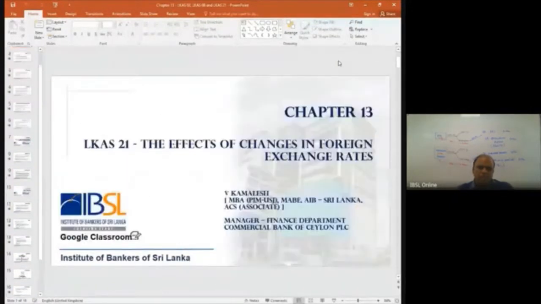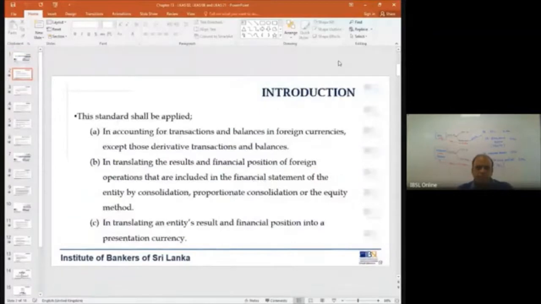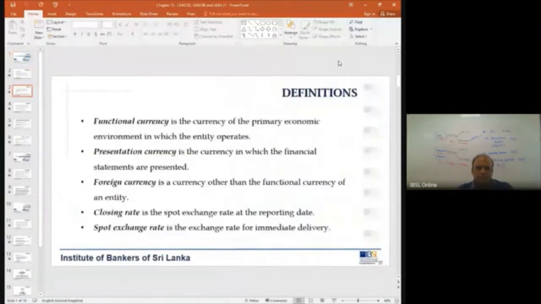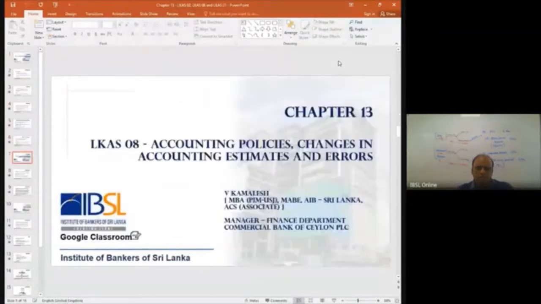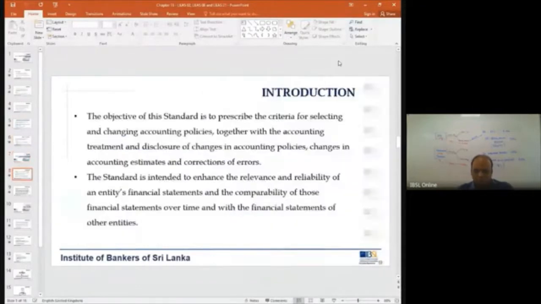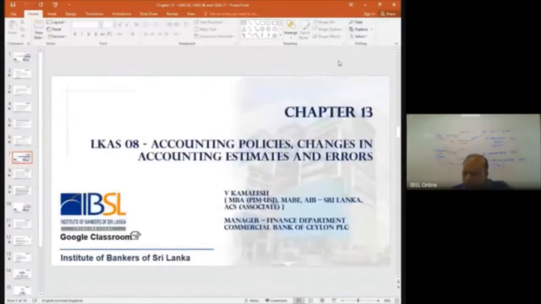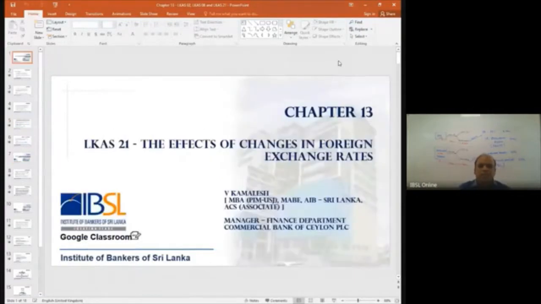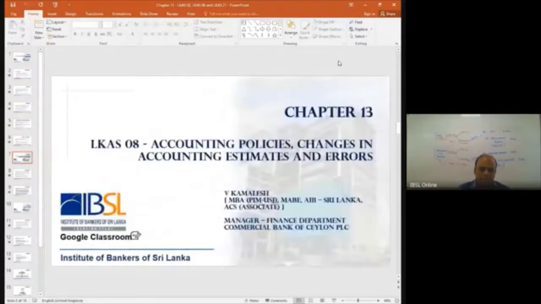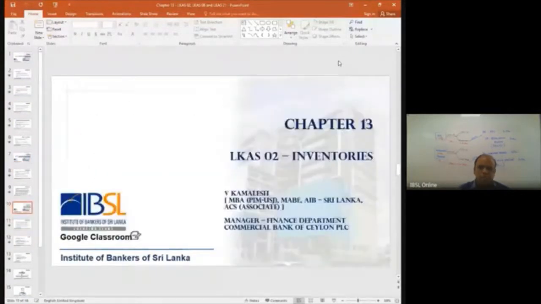But because of the time, let's see whether we can cover both. Only limited time is left. So there is LKS 21, there is LKS 8, and there is LKS 2.